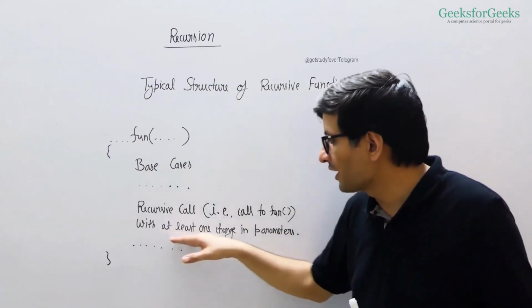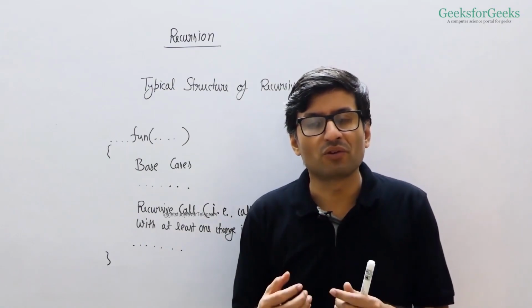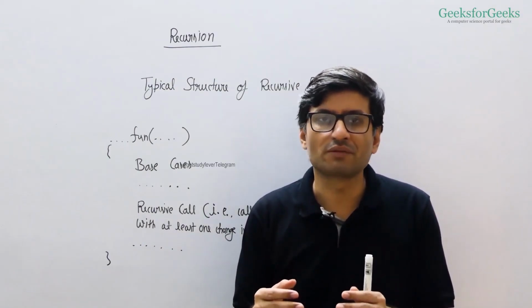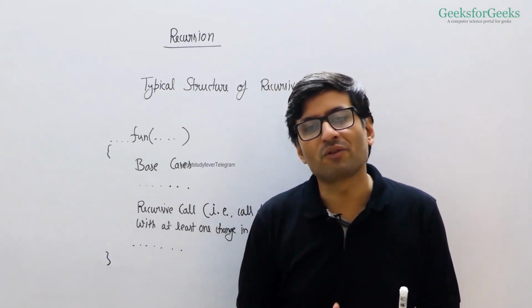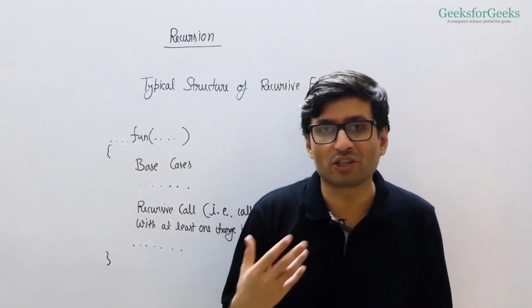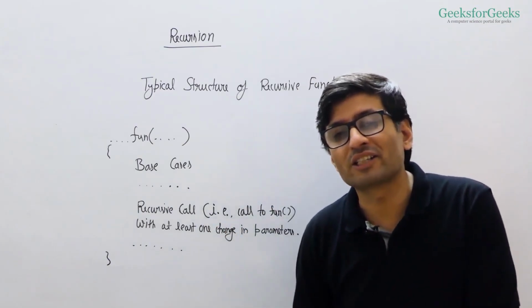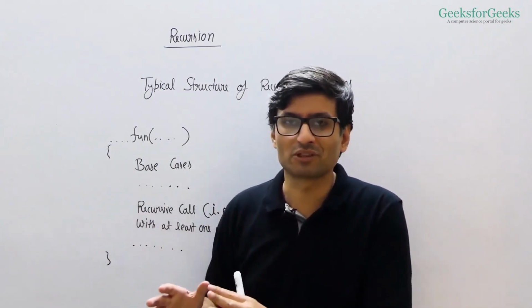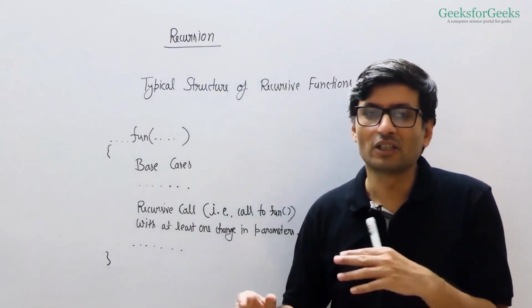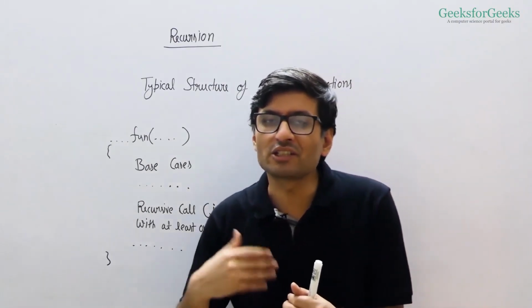And here I've written it with at least one change in parameters. What it means is, if you are calling a function fun with a parameter n, and if you call it with n again, then it's not going to terminate. If you've written base cases in terms of n, unless you are using some global variables to terminate, which we generally don't do, then we must change these parameters.